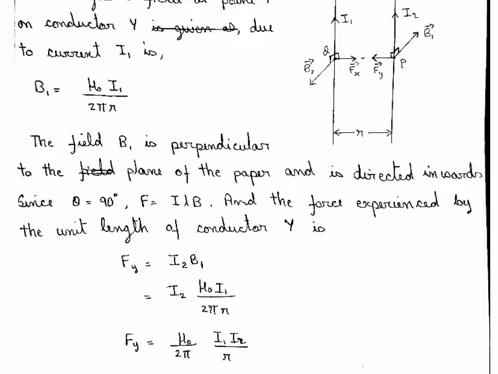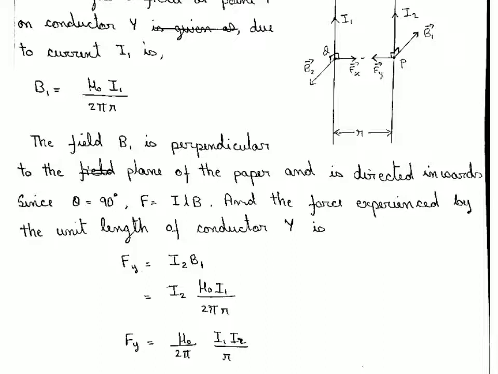Hence, theta is equal to 90, so the force, as we have learned earlier, is maximum. So here F is equal to I2 L B1. And here we take L to be equal to 1. That is, the force experienced by a unit length of conductor Y will be given as Fy is equal to I2 B1.